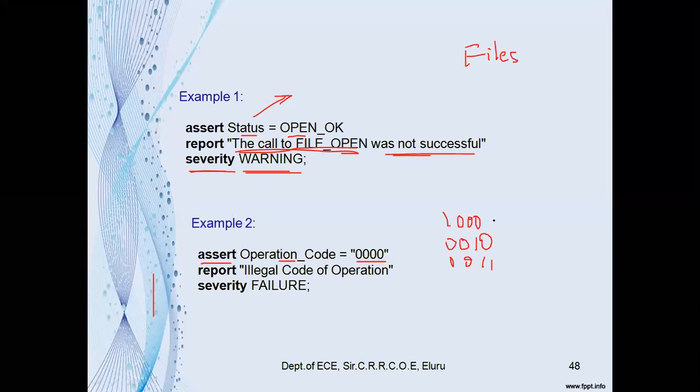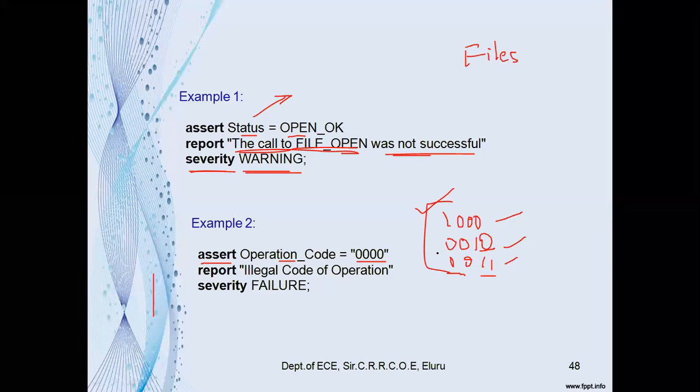If you have given the operation code as 1000 or 0010 or 0011, which means that the Boolean expression is false here. Why? Because you are testing the Boolean condition with the operation code must be 4 zeros, but the given operation code is 1 with 000 or 00 with 10. Suppose if the input is any one of these, which means that the Boolean condition is false.